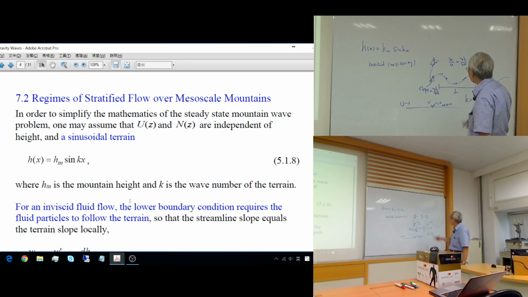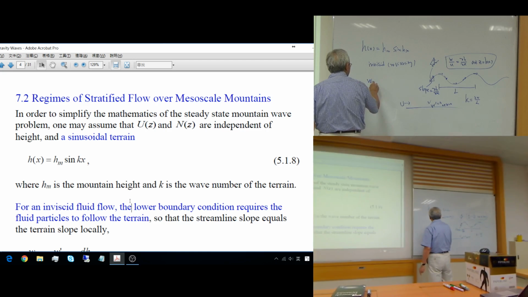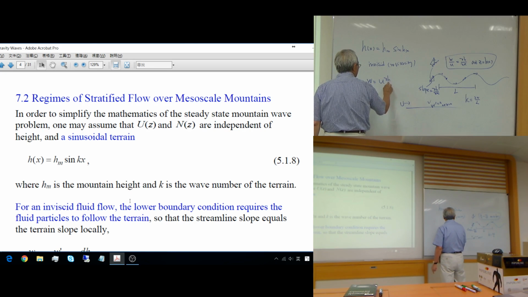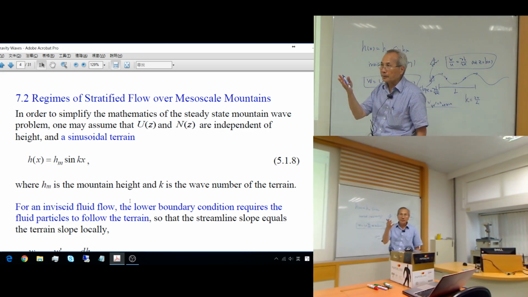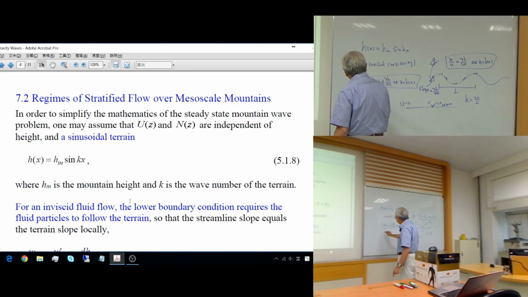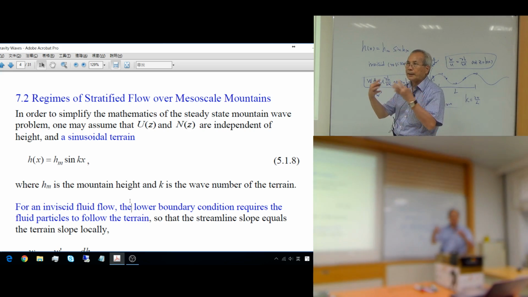That's the lower boundary condition at z equals the mountain height, h of x. So W will be equal to U dh dx at z equals h of x. Now we are working on the linear problem, so we write it in perturbation form.